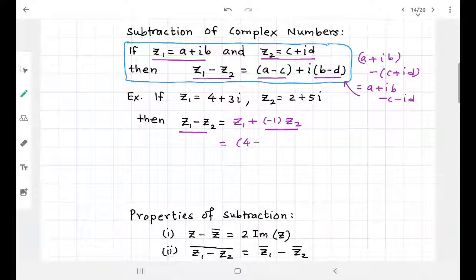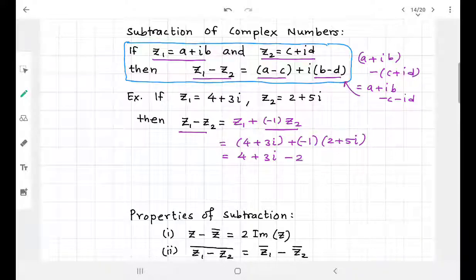So we have 4 plus 3 iota plus minus 1 into 2 plus 5 iota. So we have 4 plus 3 iota minus 2 minus 5 iota. So 4 minus 2 is 2 and 3 iota minus 5 iota is minus 2 iota. So as simple as that.